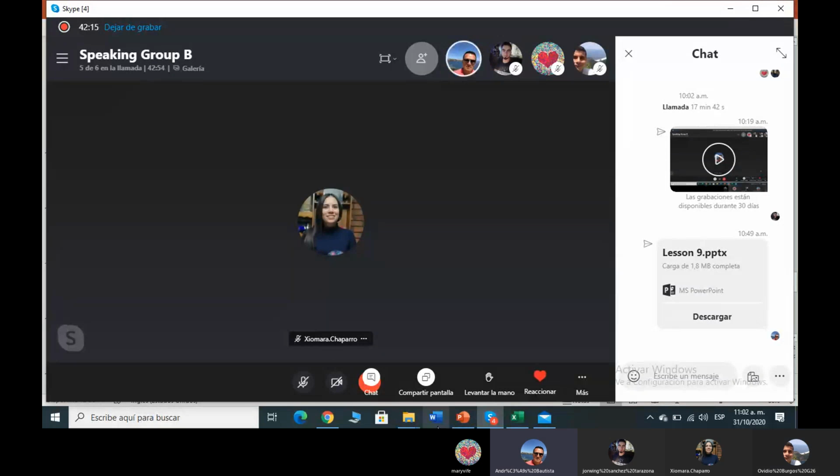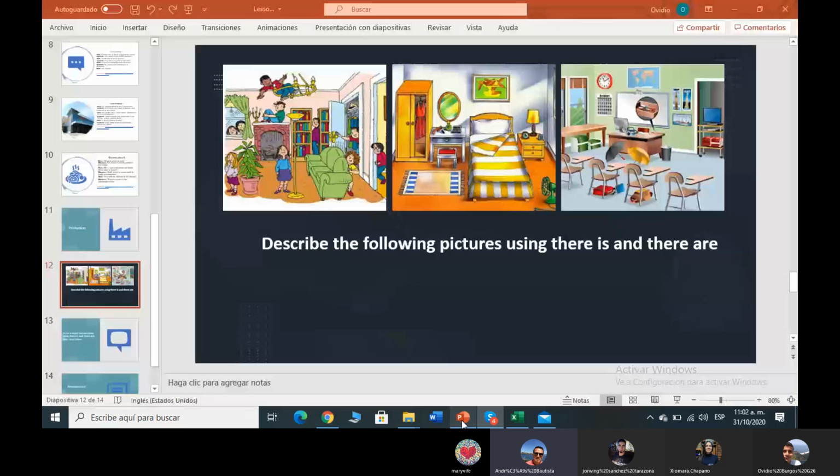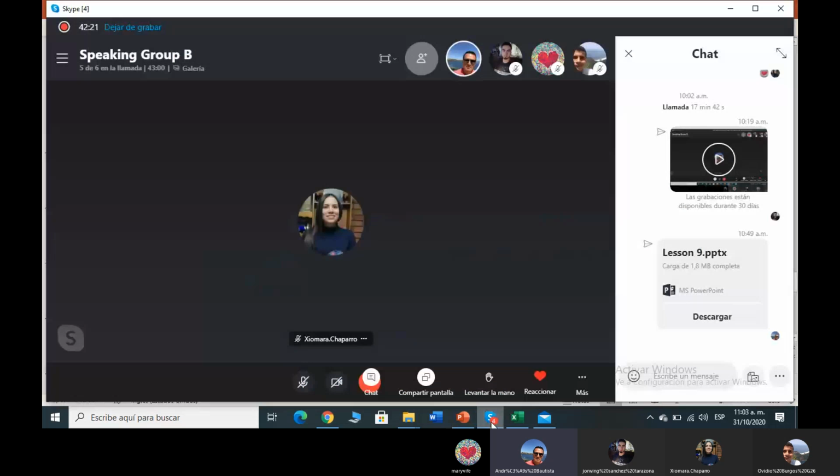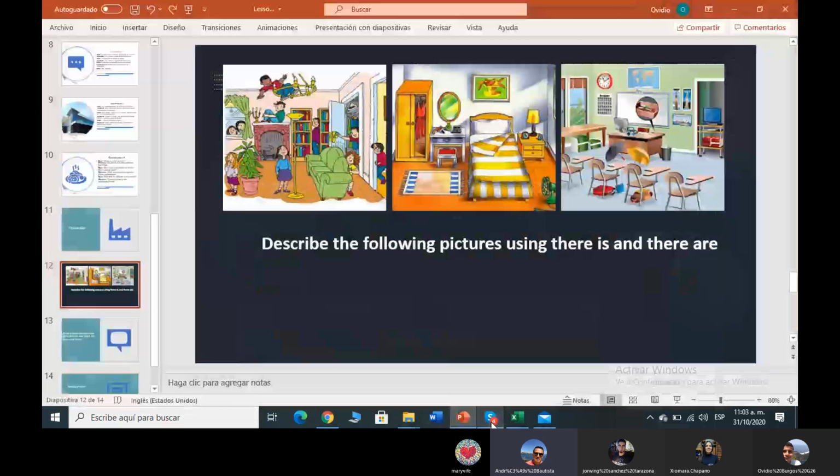Okay, teacher. In the first picture, there are many children playing in the room. Through the window, there are 2 girls. Behind the sofa, there is a girl.